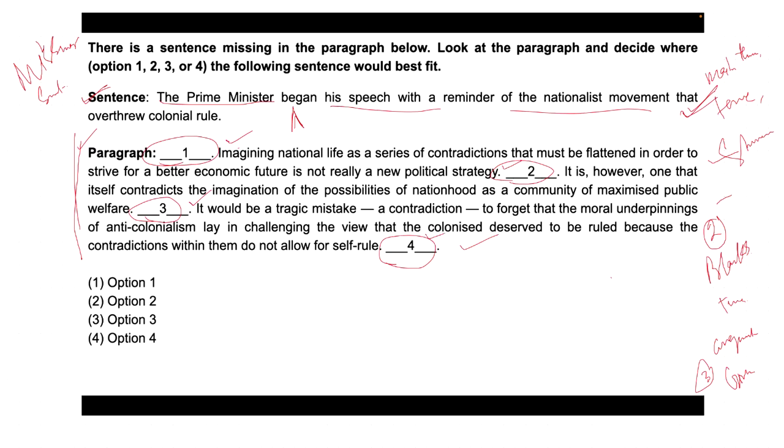Let's go to this particular example, this particular question here. Before that, we'll go for the direction. The direction stated that there is a sentence missing in the paragraph below.